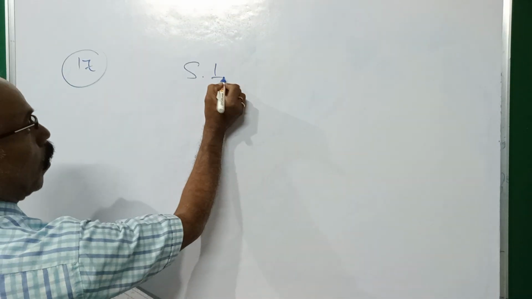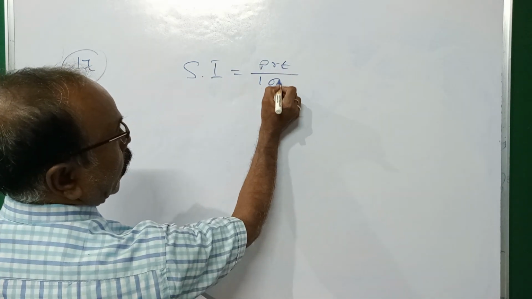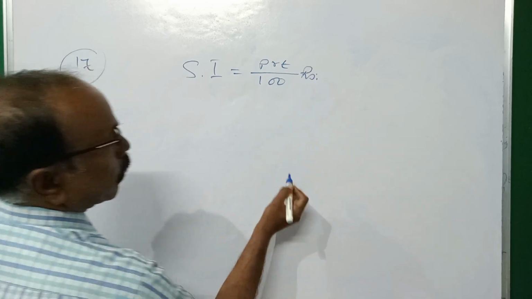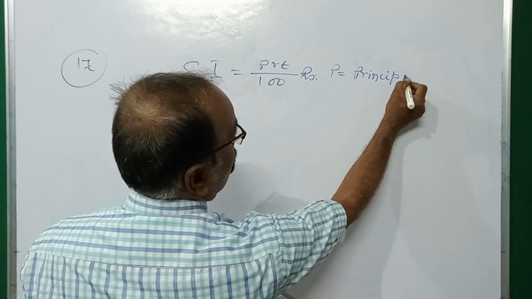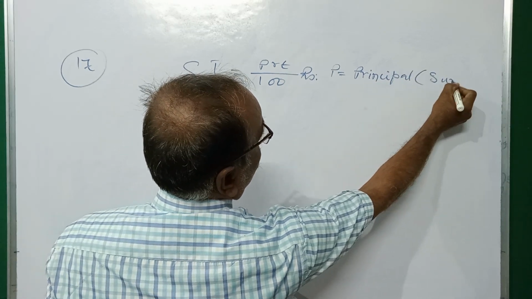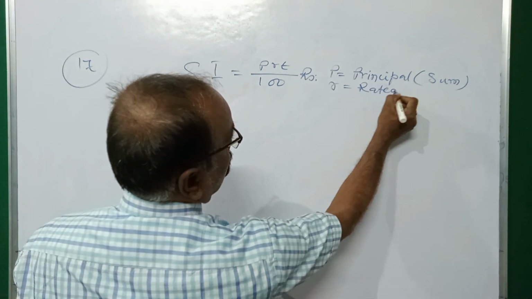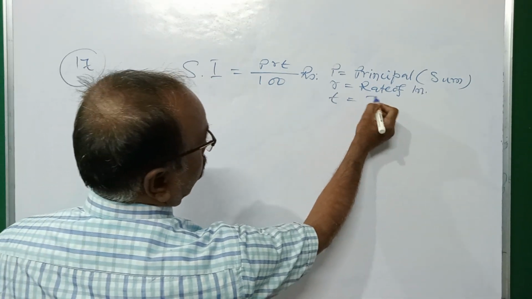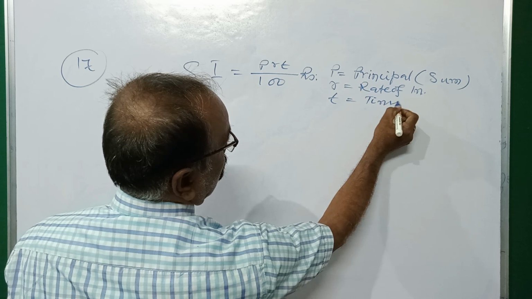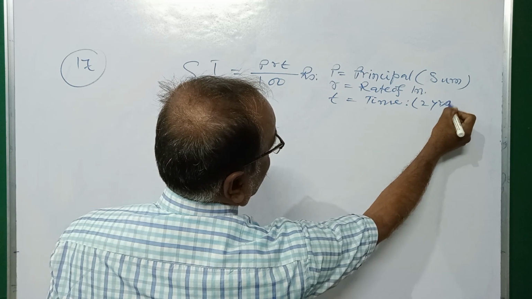So you see, simple interest is equal to PRT divided by 100 rupees, as P is equal to principal, here the sum, R is equal to rate of interest, and T is equal to time. Here it is 2 years.